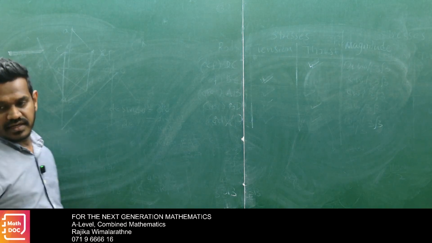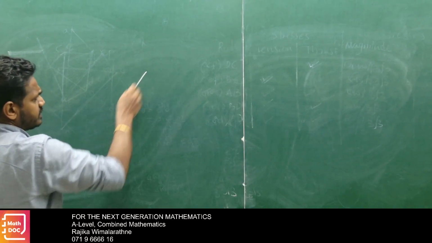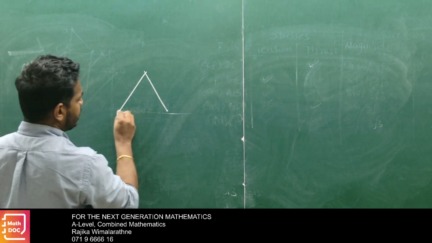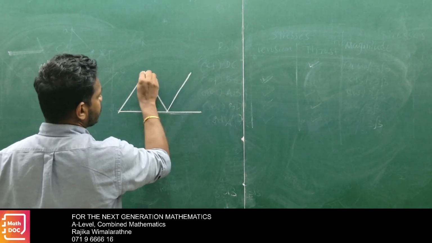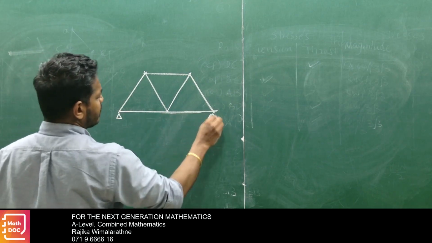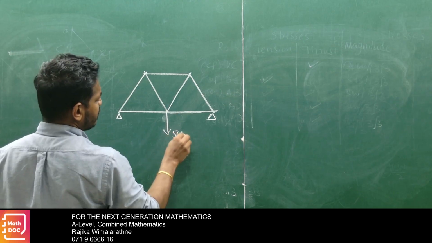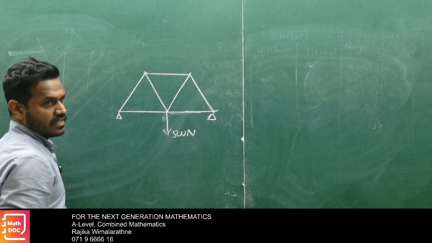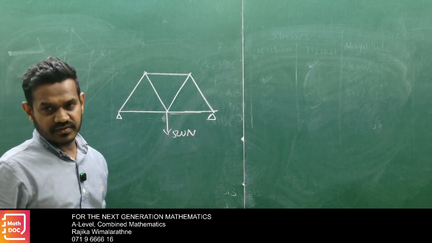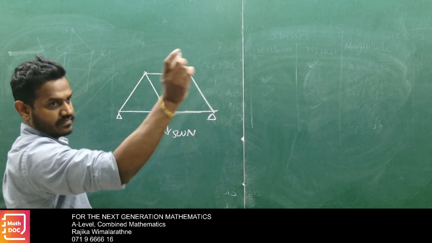Okay, check this one. If you have a figure like this, consider here a 500 Newton force. Now this is a symmetrical body, no? Then no need to think about the full system.